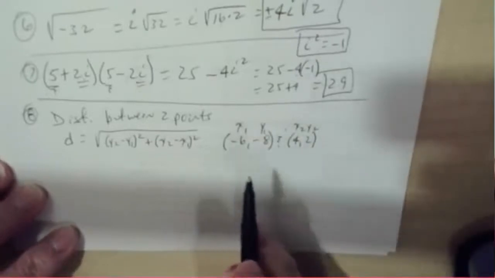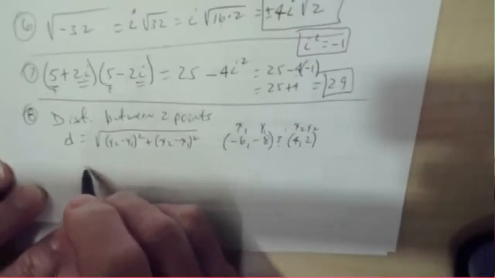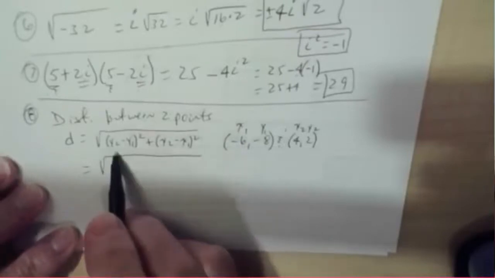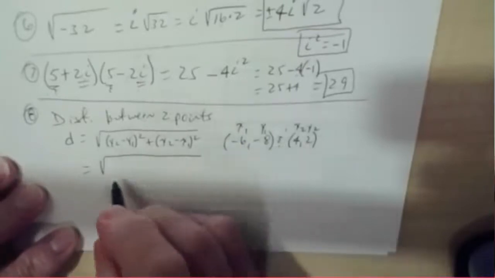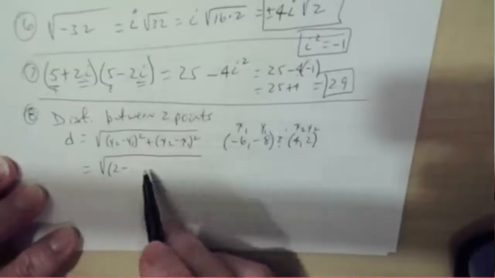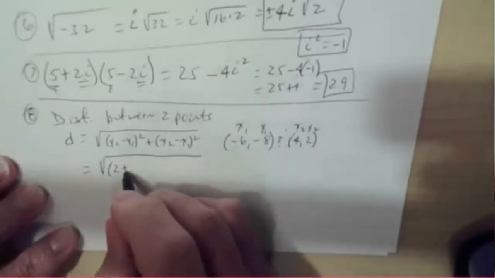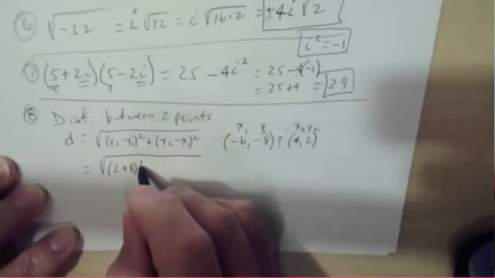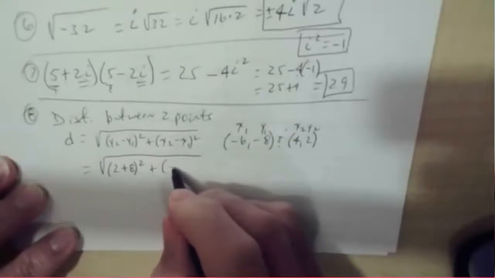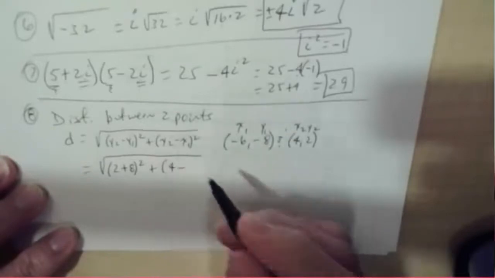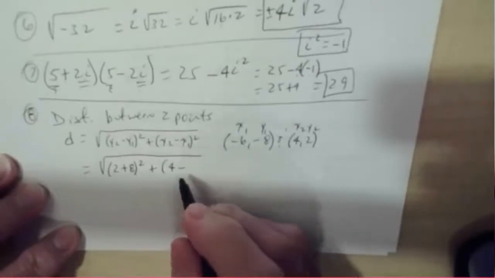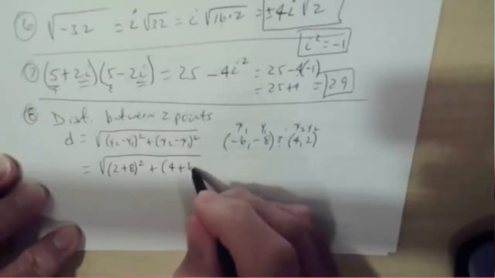So we have the square root of y2, which is 2, minus y1, minus a minus 8, makes it a plus 8, closed, squared, plus x2, which is 4, minus, the formula says subtract, x1, which is negative 6, that makes that a positive 6, closed and squared.